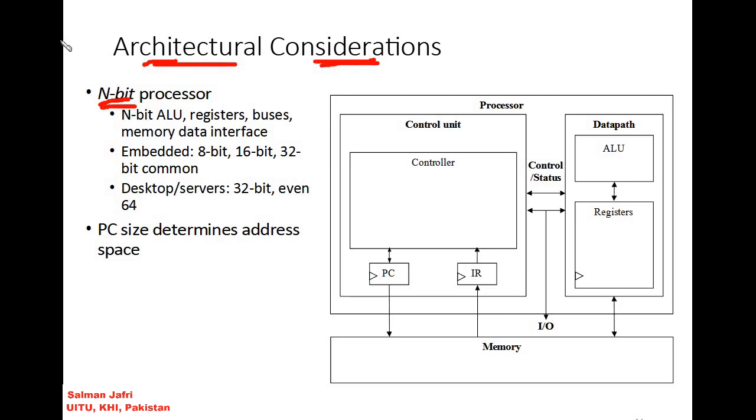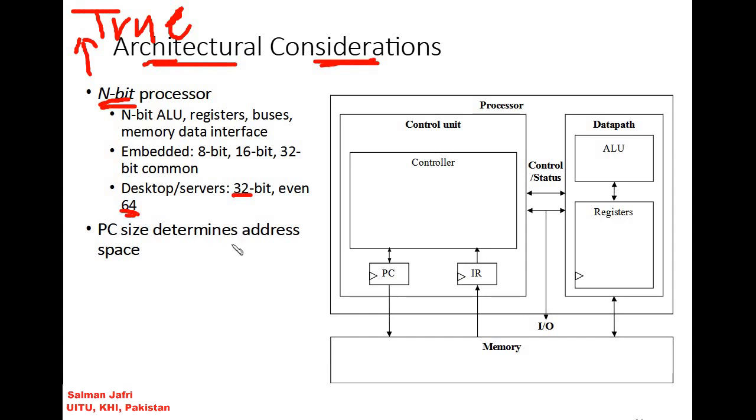If you want to have true n-bit performance, the ALU should be n-bit, the registers should be n-bit, the buses should be n-bit, and the memory data interface should also be n-bit. So when we talk about embedded systems, of course 8-bit, 16-bit and 32 bits are common. Desktop servers go higher, they might be 32-bit, 64-bit, and now we are also working on 128 bits.